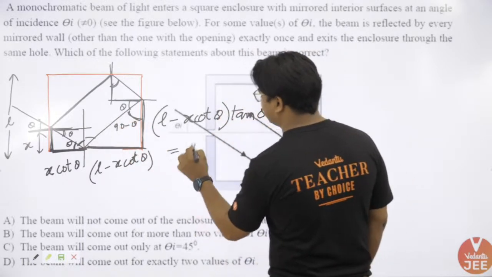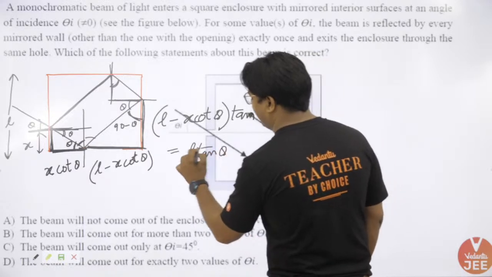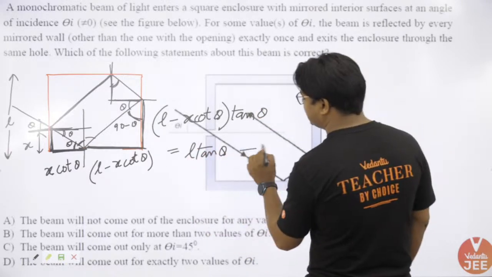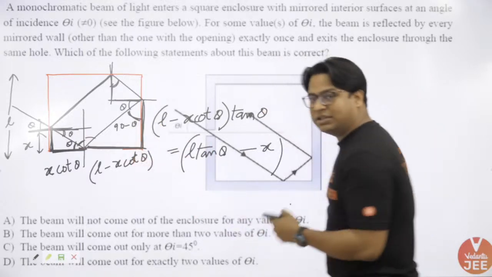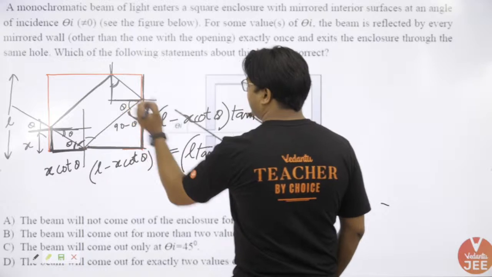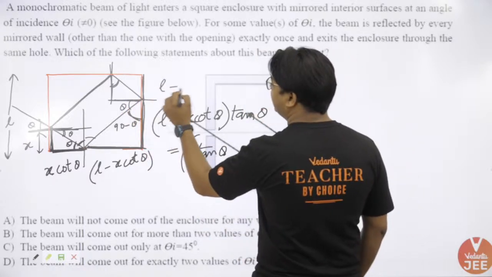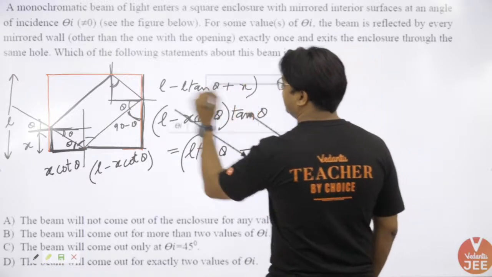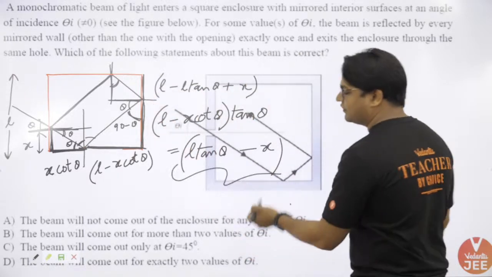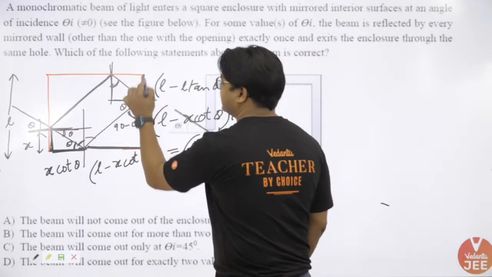So this becomes L tan theta minus x. Alright, so we have now written this length also, and therefore we can write this length also. This length will become L minus L tan theta plus x. So I have subtracted this length from L, and I obtained this length now.